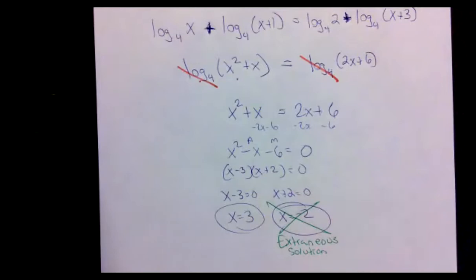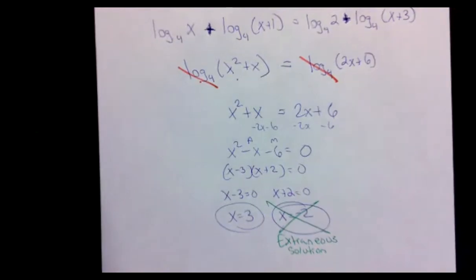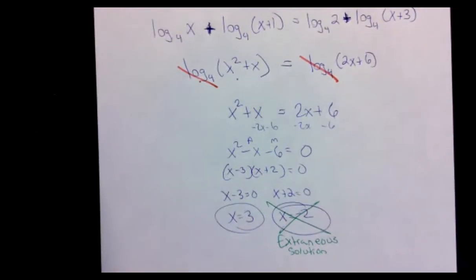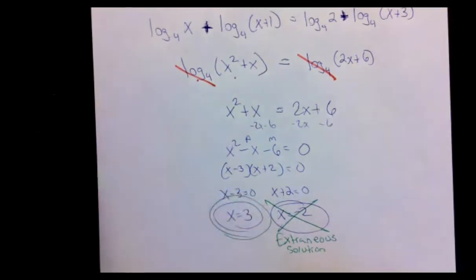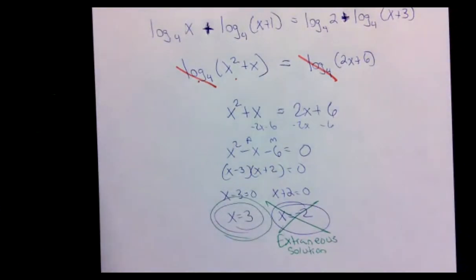So even though it should work according to math, it is an invalid solution. It is undefined and therefore not a valid solution. So our only solution is the 3.